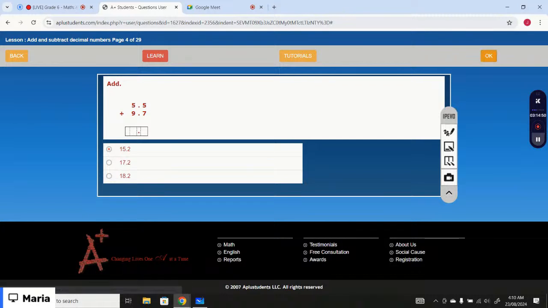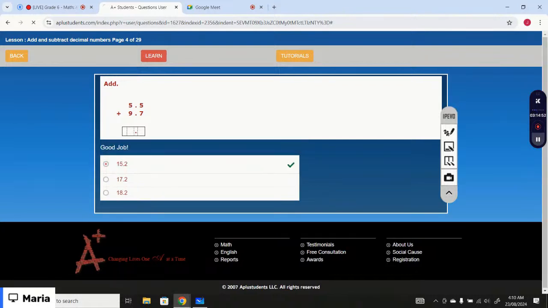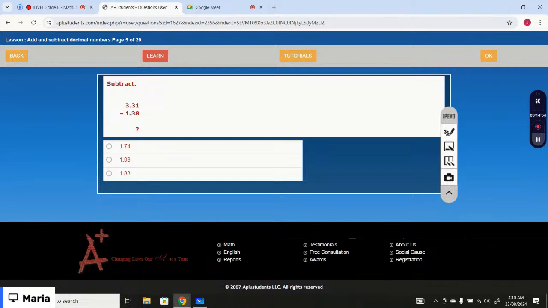Option number 1 is the correct option. Okay, the next one is 3.31 take away 1.38. Which is the correct option?